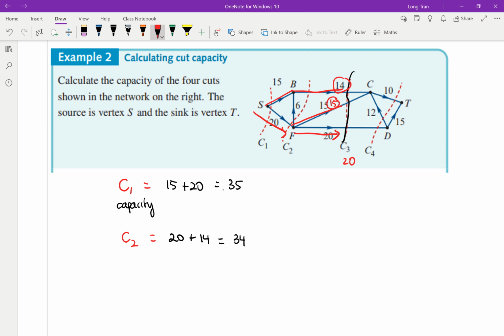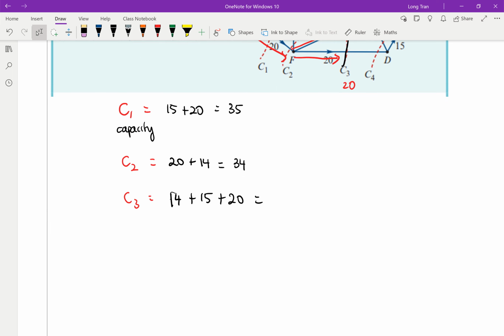So I've got 14 there. So you can see that the cut capacity in C3 is now 14 plus 15 plus the 20, which is what's that, 35 plus 10, 45, 49. I think. Yeah, that seems about right.